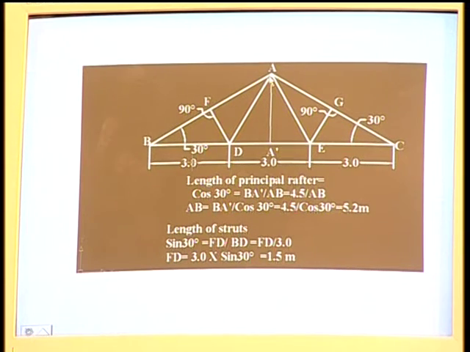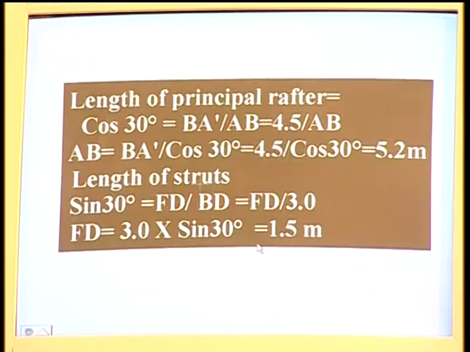Similarly, you can see here the length of the strut is this one, GE. This one is also a strut, two struts are there, sin 30 degrees. If you take the triangle DFB, FD by BD is equal to FD by 3.0, so FD is equal to 3 into sin 30 degrees, which comes to 1.5 meters. So this is the length of the strut. With this length we can calculate the quantity.